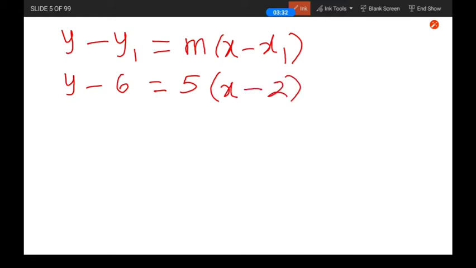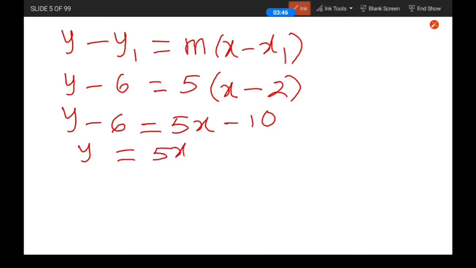So what do you do next? You open the bracket. So we have y minus 6 equals 5 times x, which will give us 5x minus 10. So we have y equals 5x minus 10 plus 6. So the general equation for that line passing through (2, 6) with gradient 5 will now be y equals 5x minus 10 plus 6, which will give us y equals 5x minus 4.